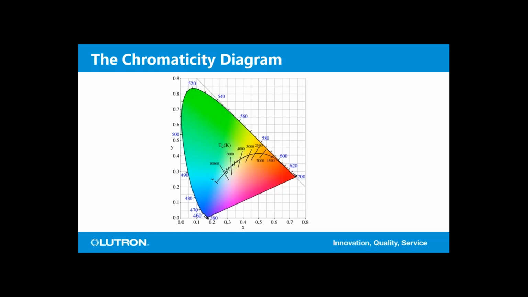If you think about the electromagnetic spectrum from UV to visible light to infrared, that visible portion is what's wrapping around the outside of this diagram. This is the way that we can calculate things like CRI as well, or other metrics in addition to these. This is the premise for some of the conversation that we're going to have later.